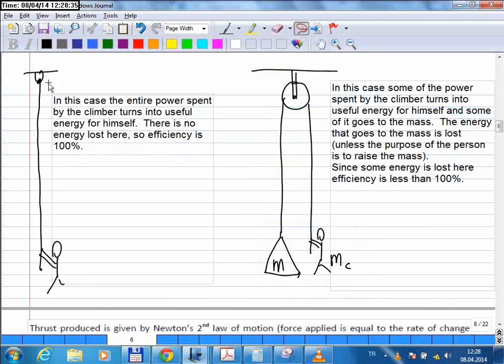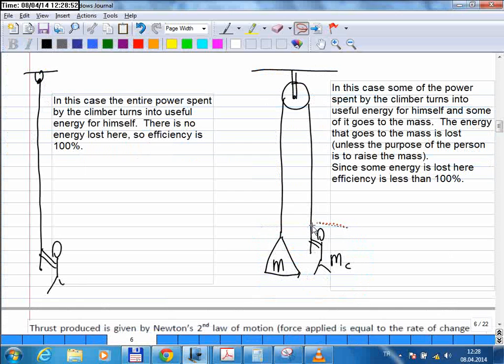So instead of climbing on a rope which is fixed to the ceiling, if it was attached to another mass through a pulley like this, with the same amount of pulling, he would be raising this mass here instead of raising himself up, right?